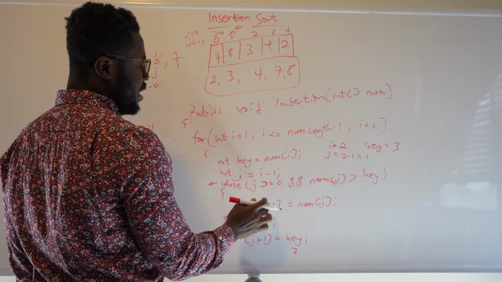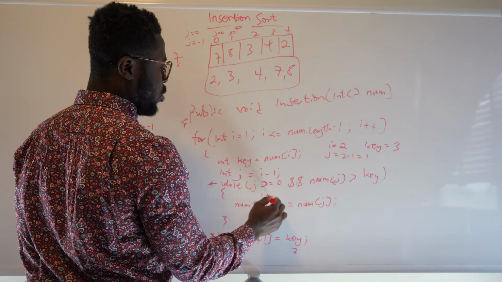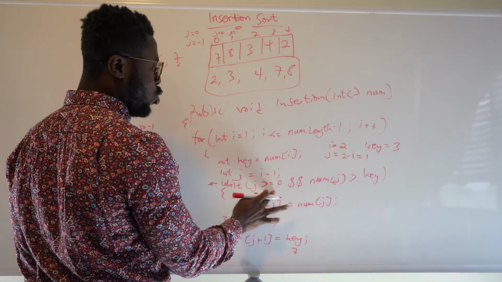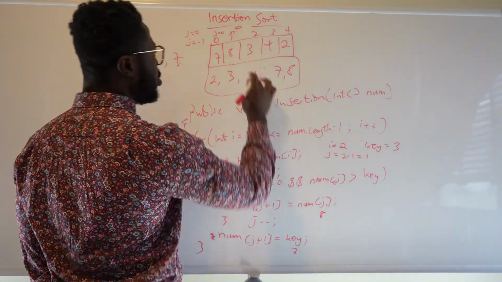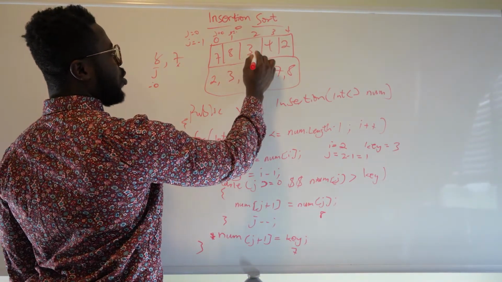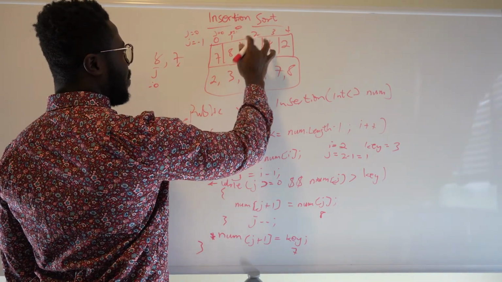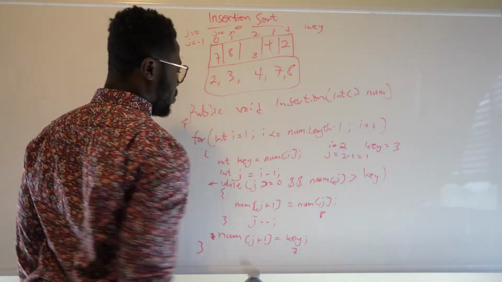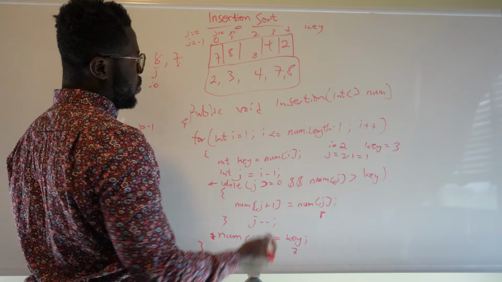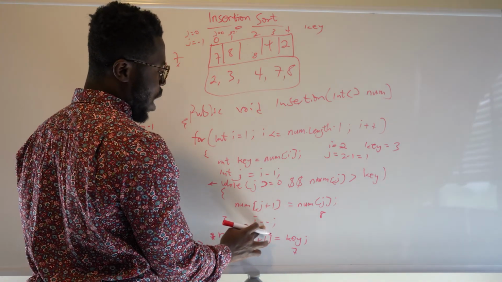Num at j plus 1, which is 1 plus 1, which is 2. So num at 2 is going to be num at j, and num at j is 8. So where we have the 3, we will put 8 there, and it's going to overwrite that 3. But we already know 3 has been stored into the key, right?